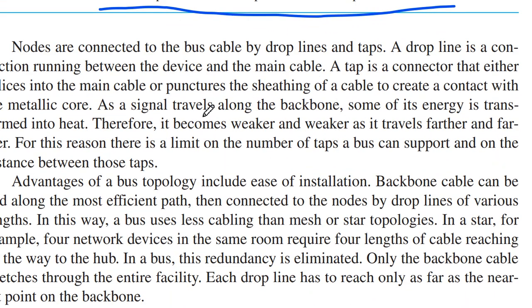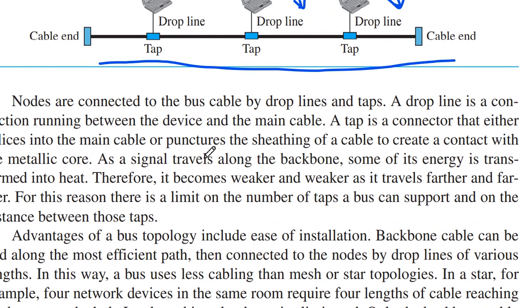One more thing I have to mention: as long as the signal is transferring the data, or as long as the signal travels along the backbone, some of the energy is transformed into heat. Because of this heat, if you take a longer cable or a longer distance to send the data, our signal becomes weaker and weaker as it travels further.